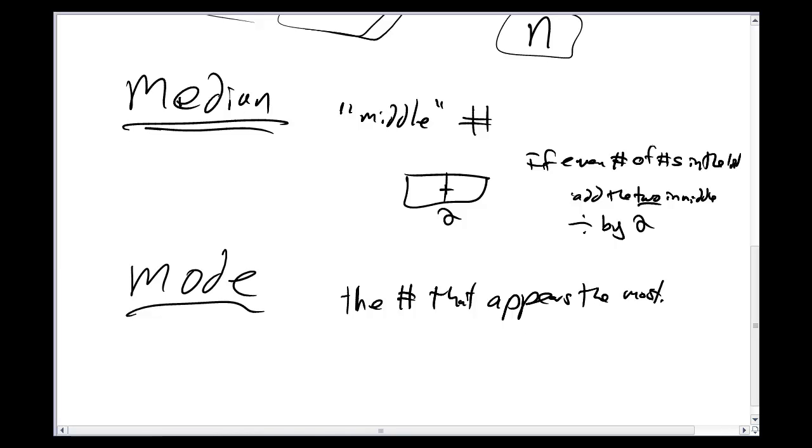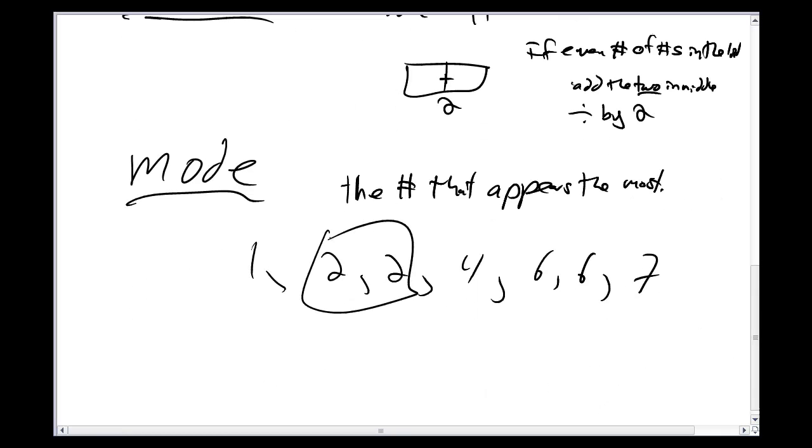So if I just have 3 numbers and all 3 of the numbers are different, then I'd say I don't have a mode. But if I have this list of numbers, this is called bimodal. That means 2 modes, because I've got 2's show up double and 6's show up double.